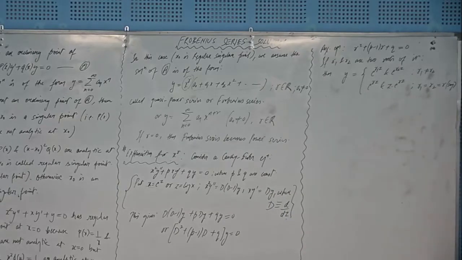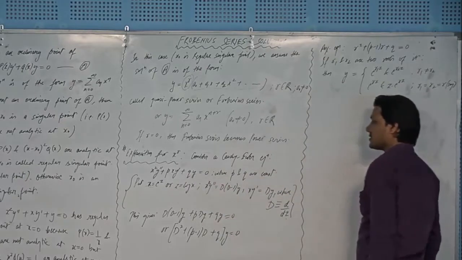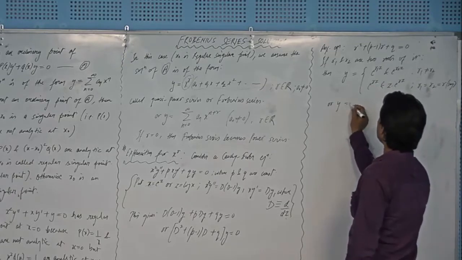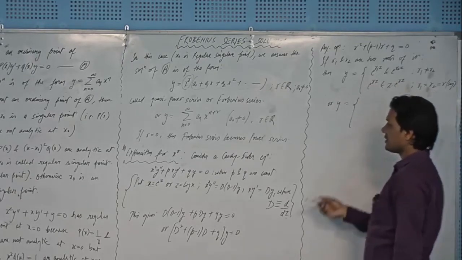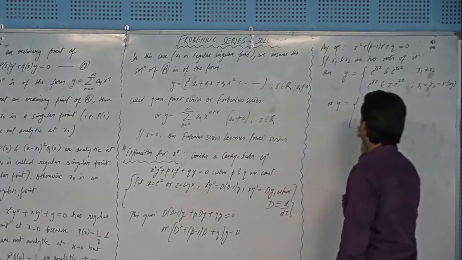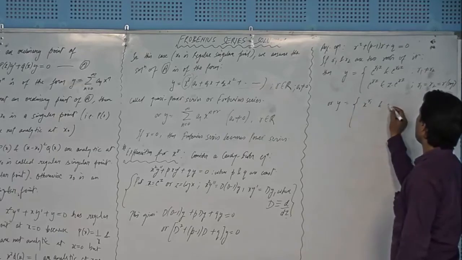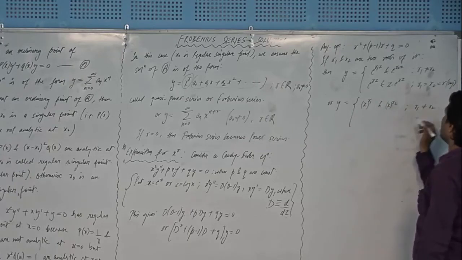But originally I had x in my equation, so I will rewrite it in terms of x. e to the power z is nothing but x, so it becomes x to the power r1 and another solution becomes x to the power r2. This is the case when r1 is not equal to r2.